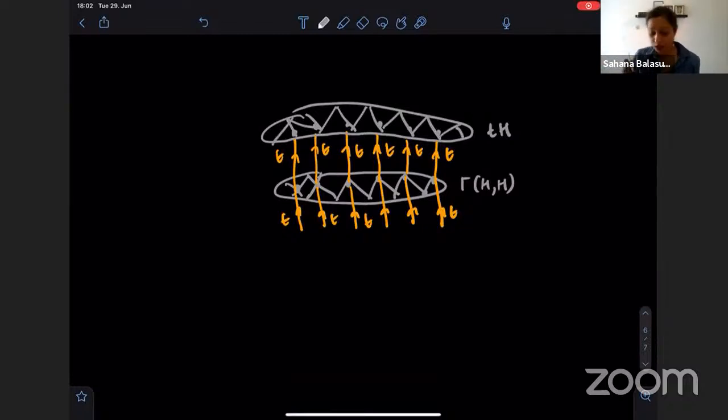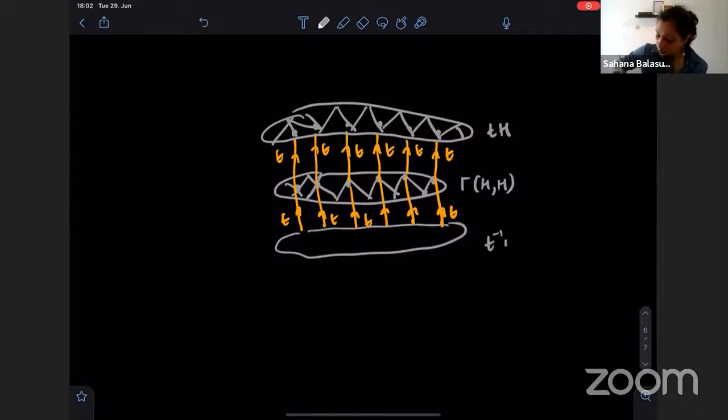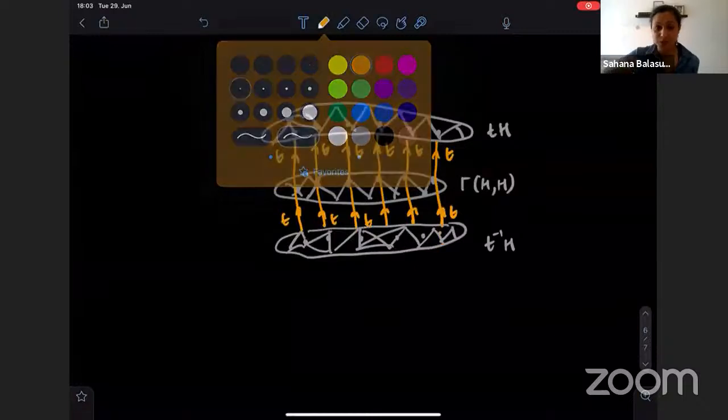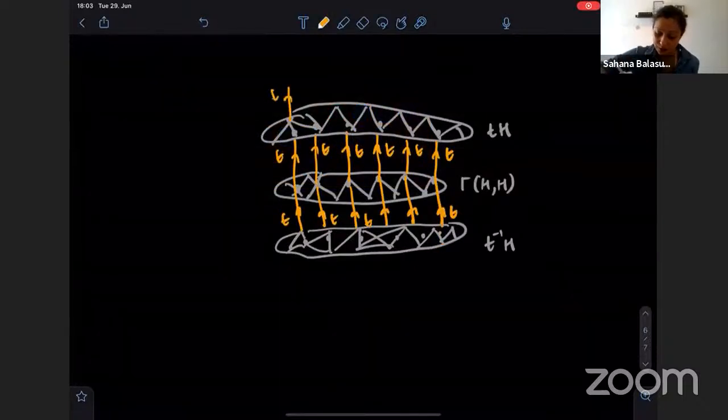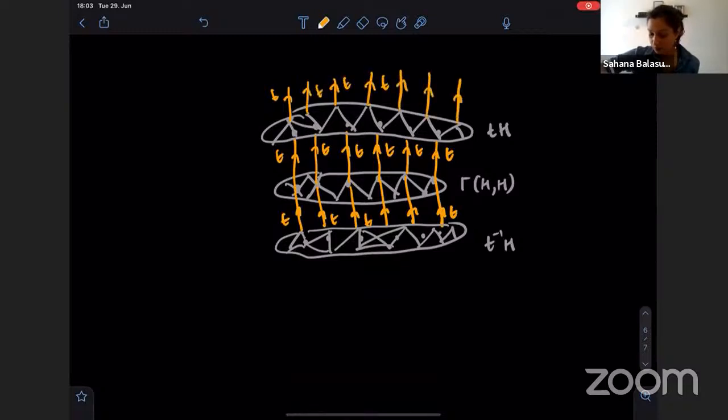And similarly, the incoming T edges are actually coming from the coset represented by T inverse H. So there's a vertex again for every element in the coset, and you have a complete subgraph on this. And then this picture just keeps going ad infinitum, right? Again, you have an outgoing edge T from every element over here. And over here, you have an incoming edge T from every element.